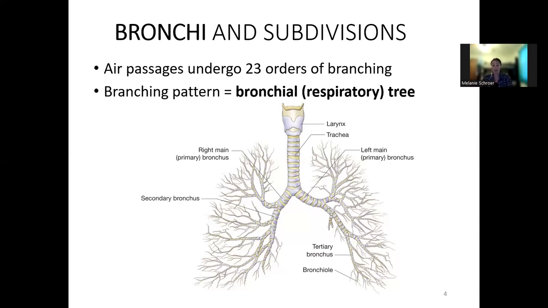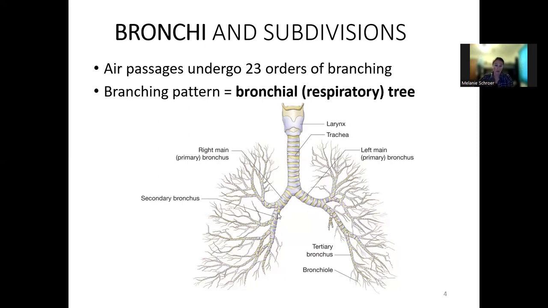Most of these branches are called bronchi. Bronchi with an I at the end, that is plural. Bronchus is singular. And so just to walk through this really briefly, left and right primary bronchus. We'll see in the next video that, of course, there's a second name for these.